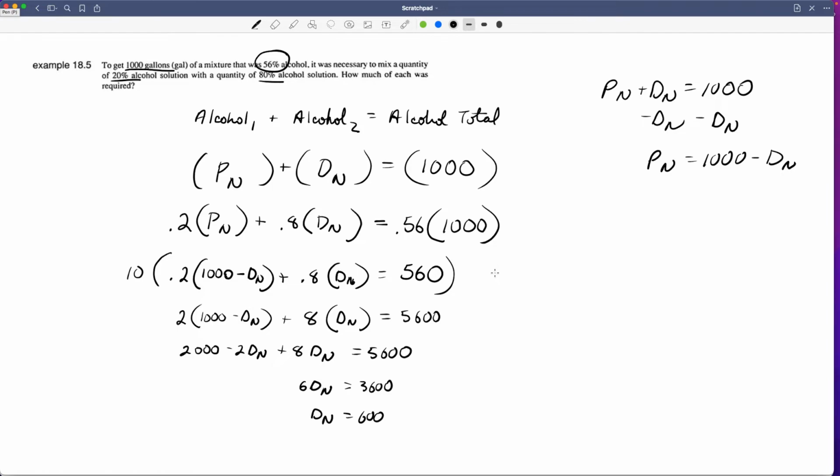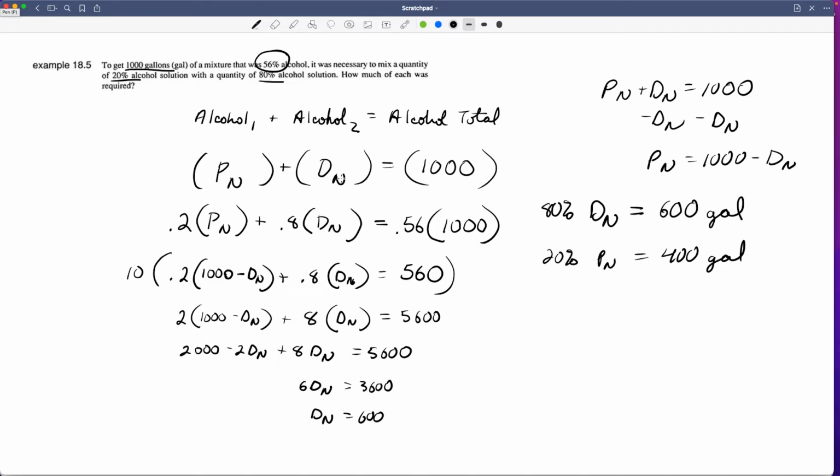And since we have 1,000 gallons total, if this was what was dumped in, this is the 80% solution, 600 gallons of that. It's 1,000 gallons total. So then I know that the 20% solution that was poured in had to be 400 gallons, because the amount poured plus the amount dumped was 1,000.